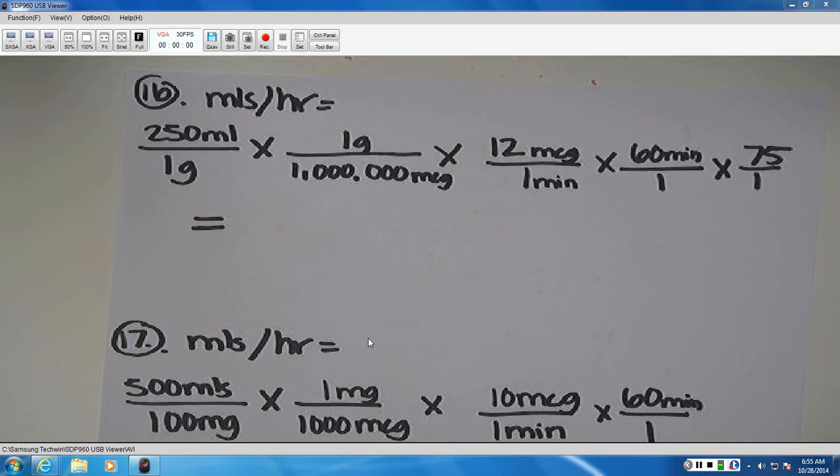So we have a patient that weighs 75 kilograms, and the doctor wants us to give a dosage of 12 micrograms per kilogram per minute. And the concentration of dobutamine that we have is 1 gram in 250 mLs. Now what we're solving for is how many mLs per hour we are going to set the pump.